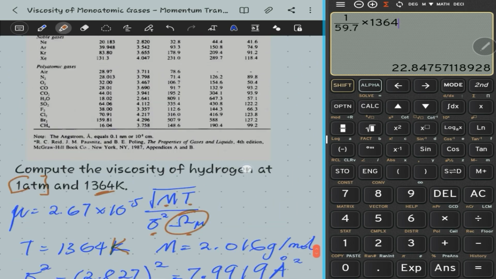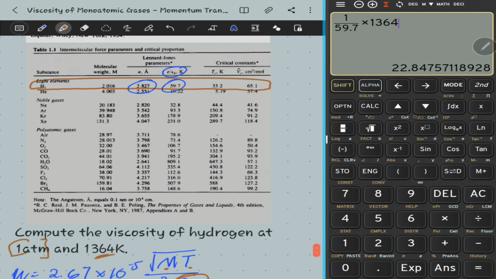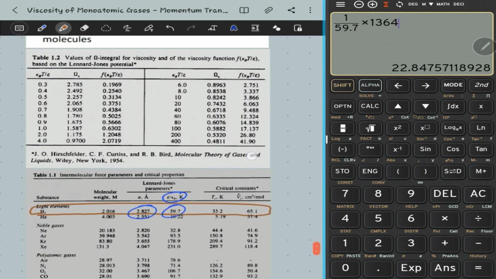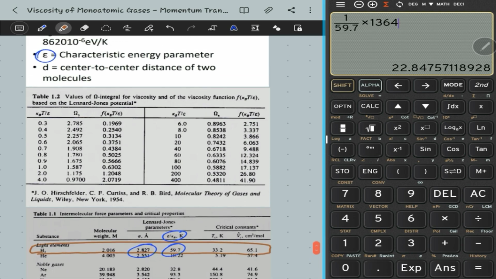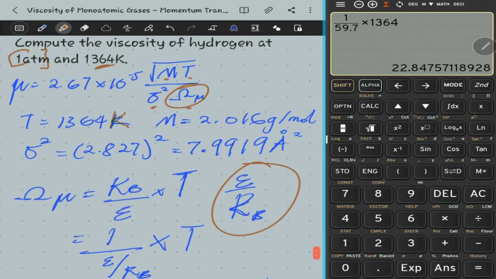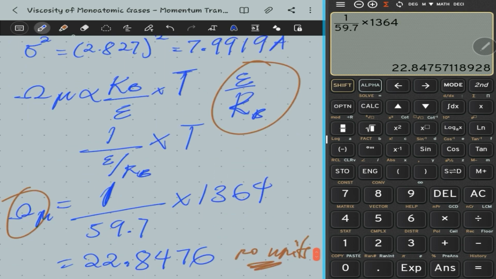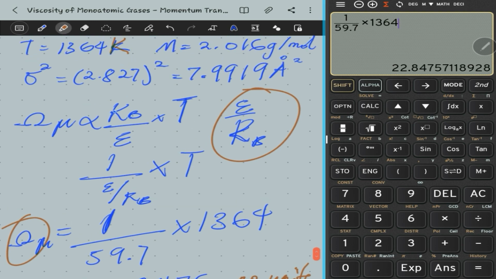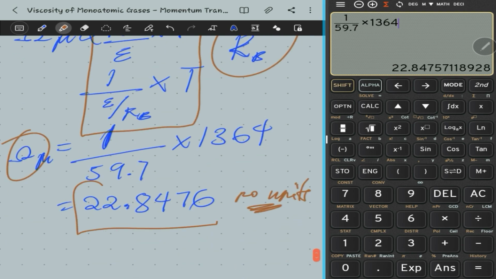So now that we have that, we have to go through the table to find the actual value that we need. What we found now is just this. It's proportional, not actually equal to this. Now that we found this value here, in order for us to correct what we've done, this is not the collision integral.